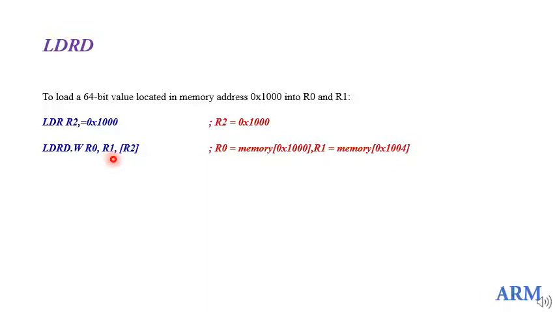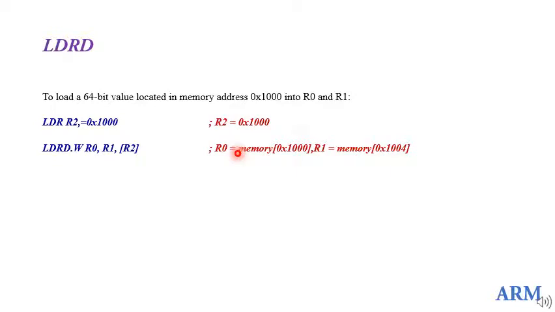Since we are moving a double word, that is 64 bits, we require two 32-bit registers, R0, comma, R1, comma, bracket R2, meaning the address is in R2. So it is going to load two words starting from memory 0x1000 to R0 and R1 respectively.